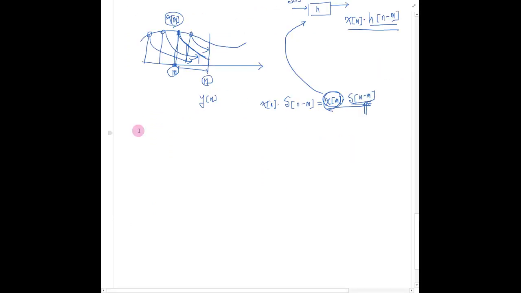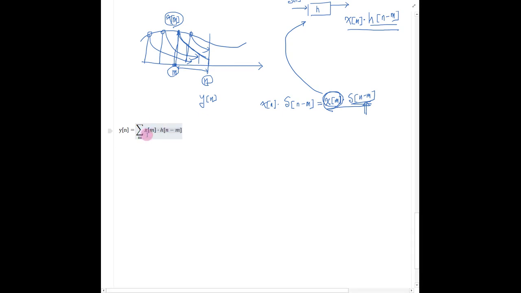Yn equals, we need to sum up all the contributions to figure out the output. So all the previous data. So we have to sum with respect to m, xm times hn minus m. We need to sum this up.